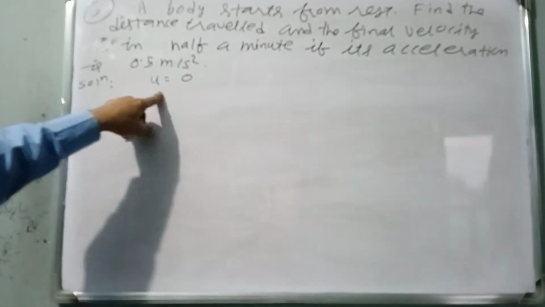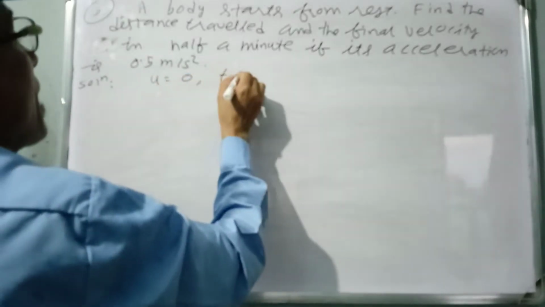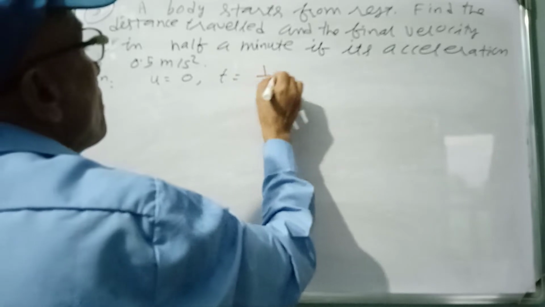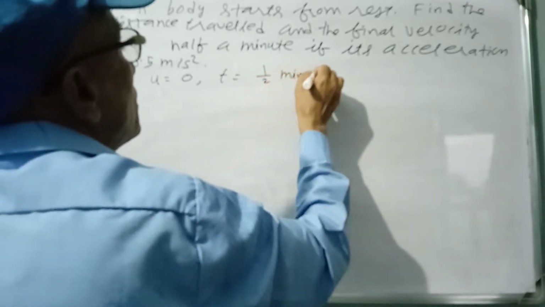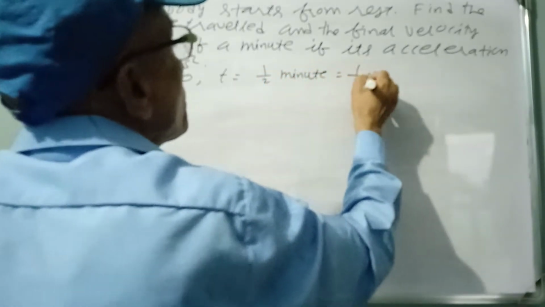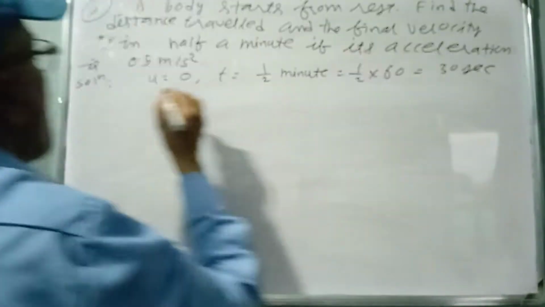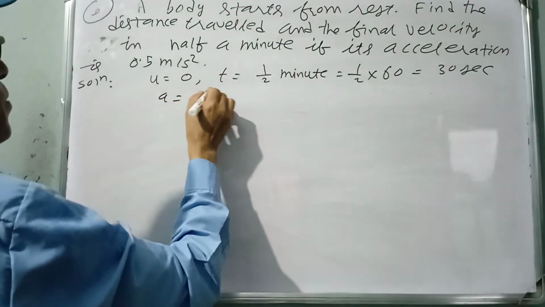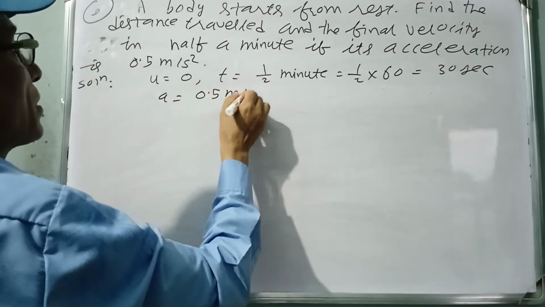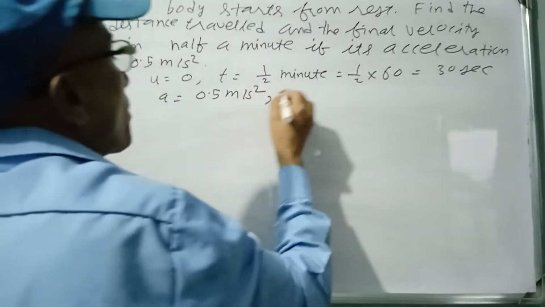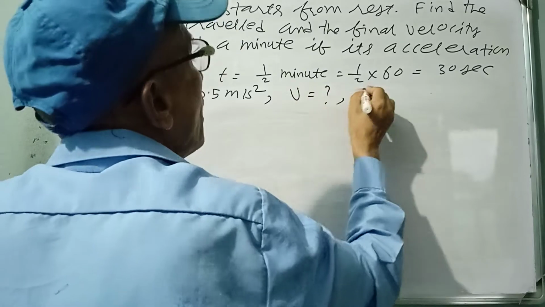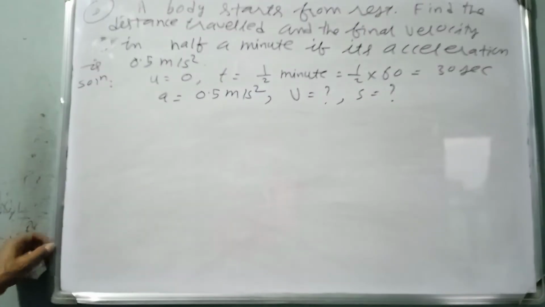Here u for initial velocity. Time taken is half minute, half into 60, that is 30 seconds. Acceleration is 0.5 meter per second square. What you have to do? You have to find the final velocity and you have to find the distance traveled.